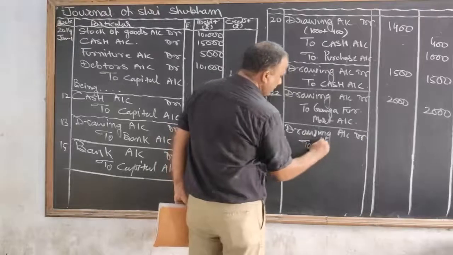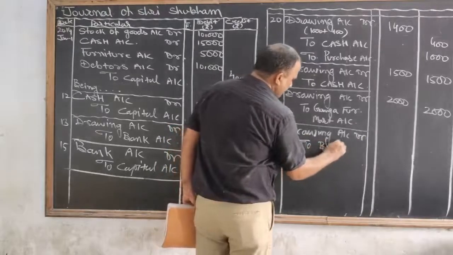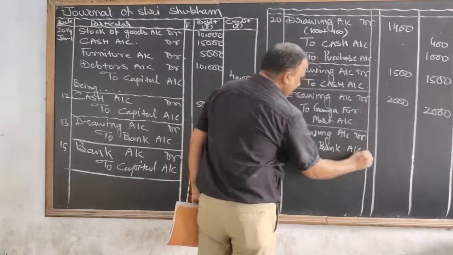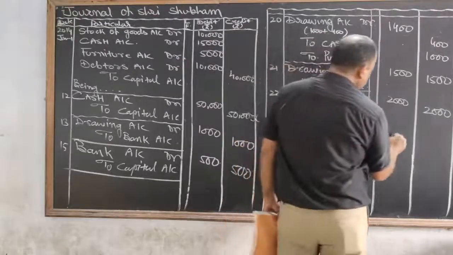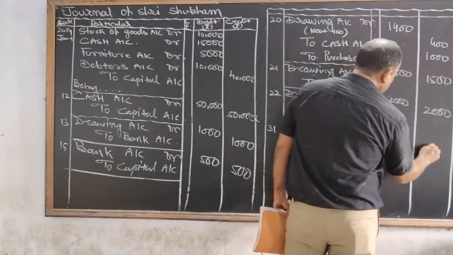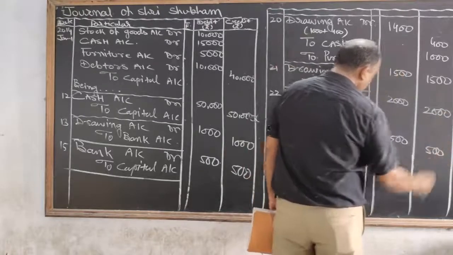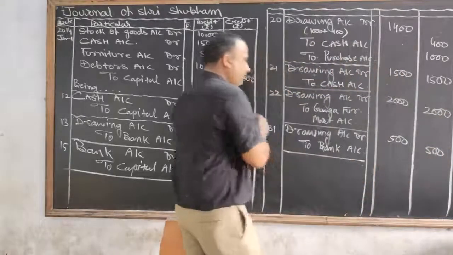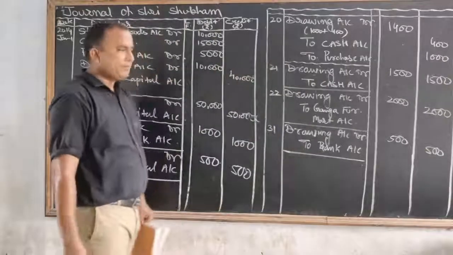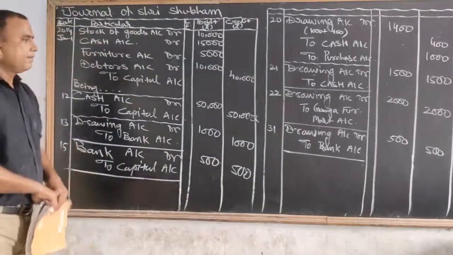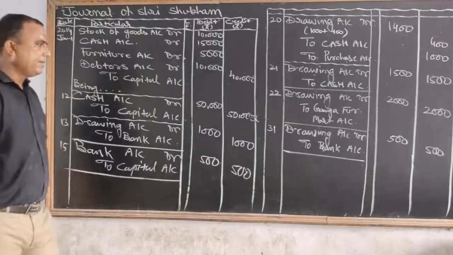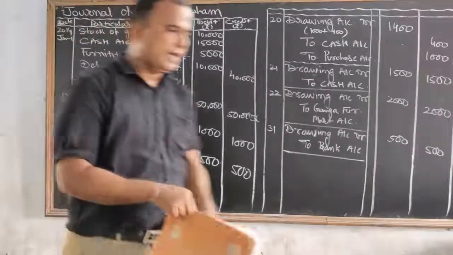We pay this amount through check, so through bank account, rupees 500. Being paid LIC by check.